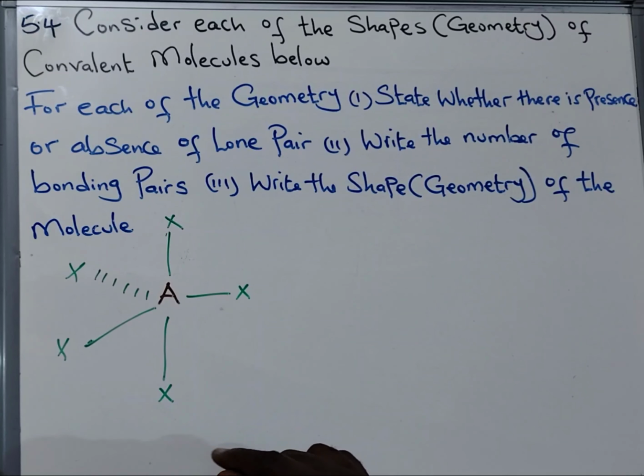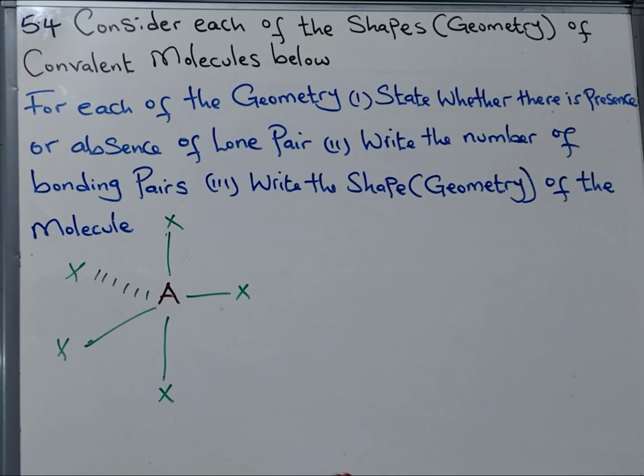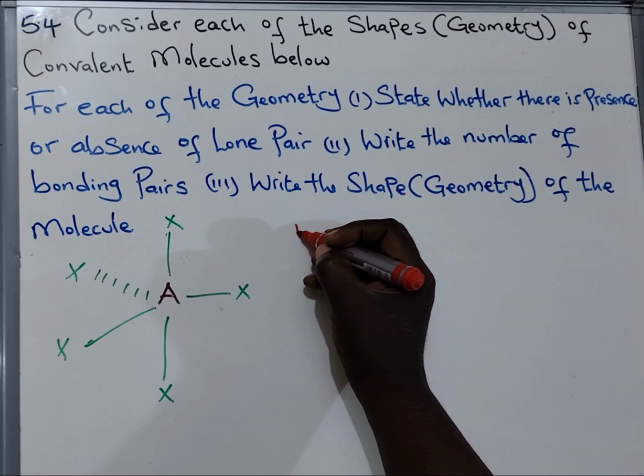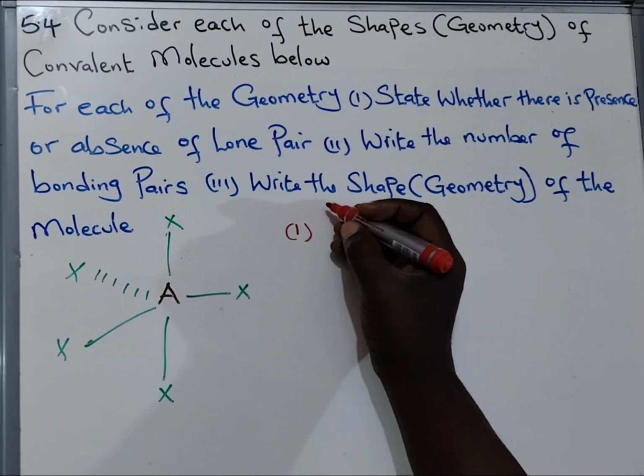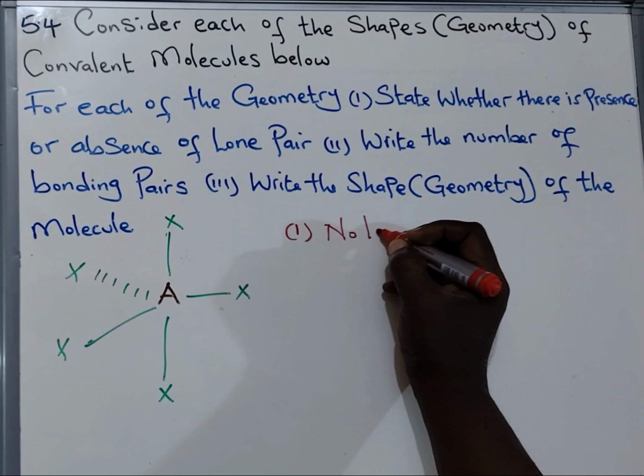So in other words, we are having 2 pyramids, one going up and one coming down. So to attain that shape, do I have a lone pair? The answer is no. So the first answer is no lone pair.